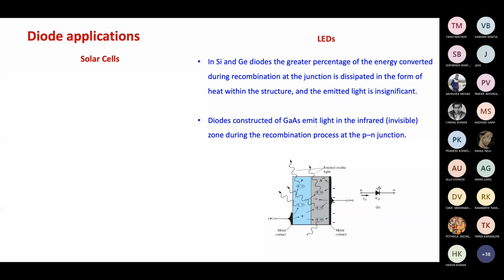In solar cells, incoming photons create electron hole pairs, but at the same time they can also recombine. There is a certain probability of that happening as well. So that's why the efficiency of solar cells cannot be 100%. That is prohibited by the principles of physics.